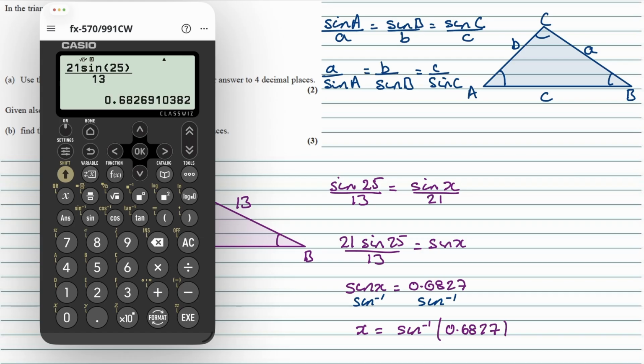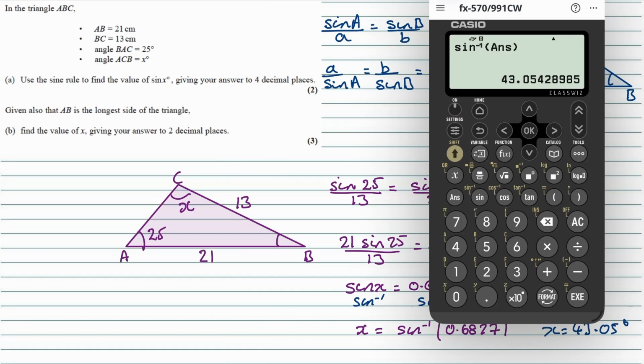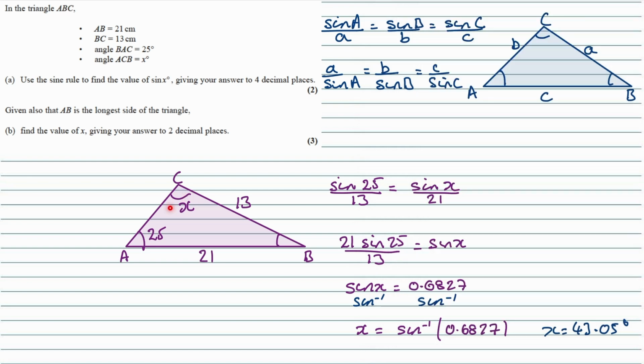So if we work this out on the calculator, I'll just press Shift and sine of that previous answer, and we get 43.05 degrees. But you can see from the diagram that this is clearly not the value of X. This should be an obtuse angle, not acute. So we need to find another solution.